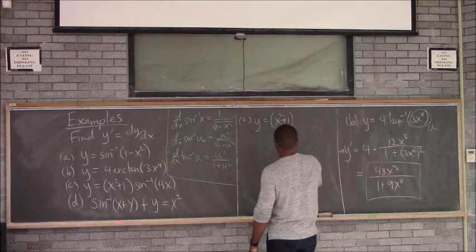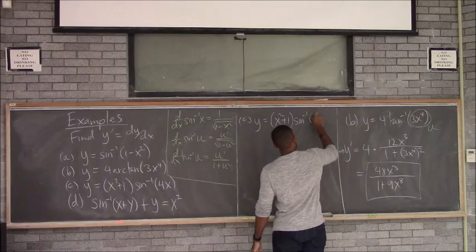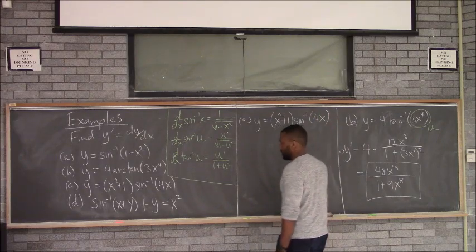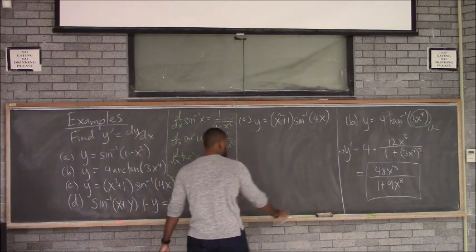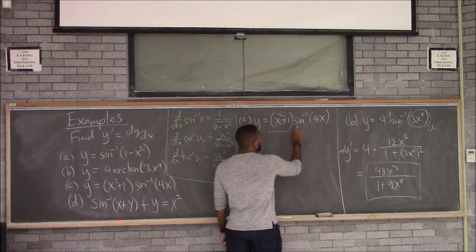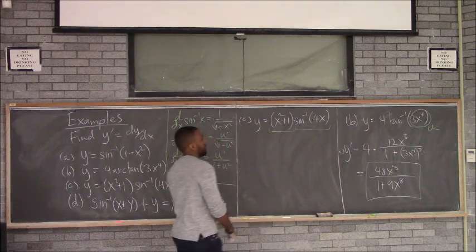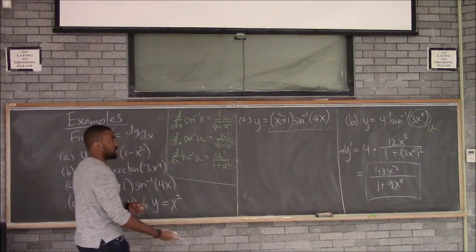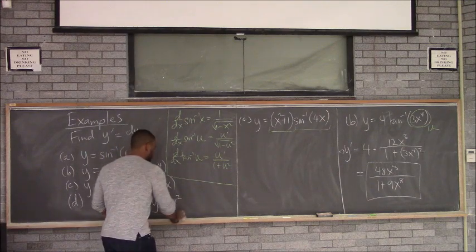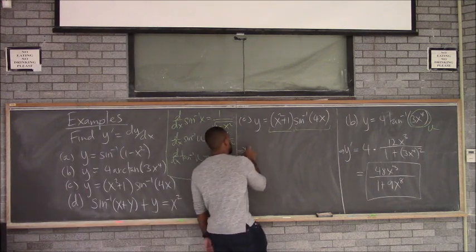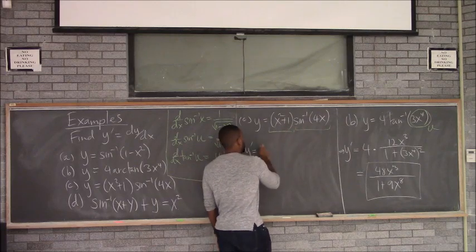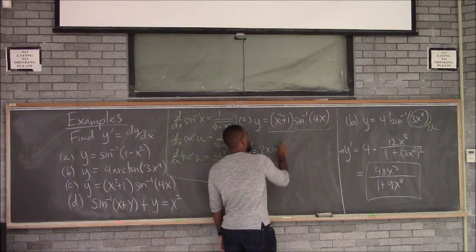This one's slightly more challenging, only slightly. What do you want to use here? Need the product rule. Just realize that there are two functions multiplying each other. So I want to differentiate one function, leave the other one, then differentiate the second, leave the first. Derivative of this is x. I'm going to leave the sine inverse.